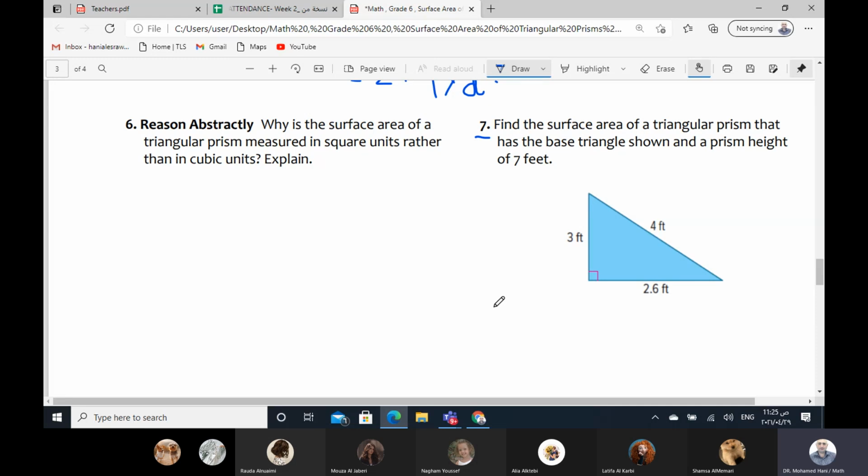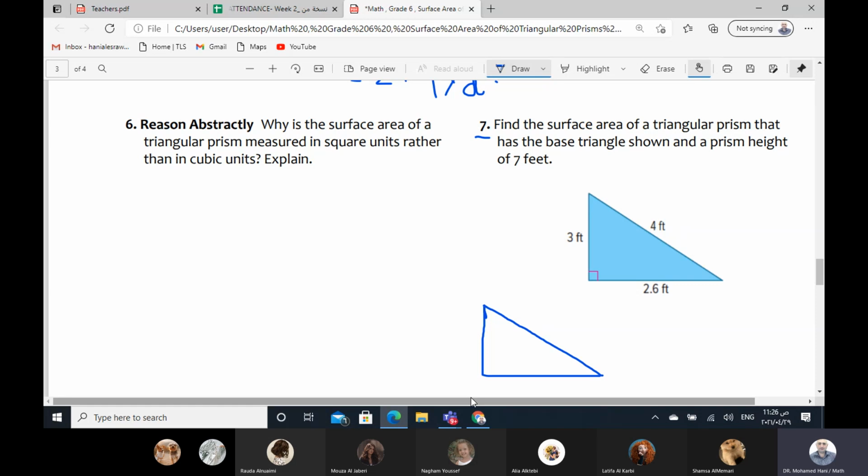Shamsa, can you read it? Yes. The surface area of the rectangle has a base triangle and a height of 7 feet. Thank you, Shamsa. Here we just have the base, a triangle.